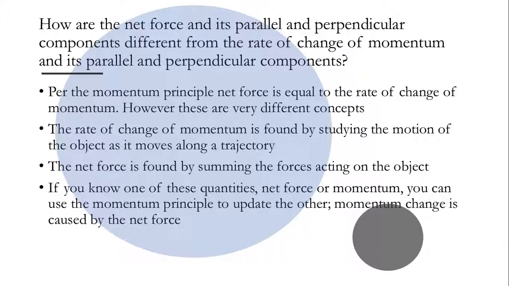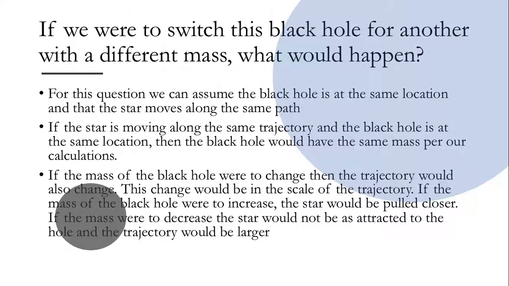However, they are very different concepts. The rate of change of momentum is found by studying the motion of the object as it moves along a trajectory, while the net force is found by summing the forces on an object. If we know one of these quantities, we can use the momentum principle to update the other. Essentially, momentum change is caused by the net force.